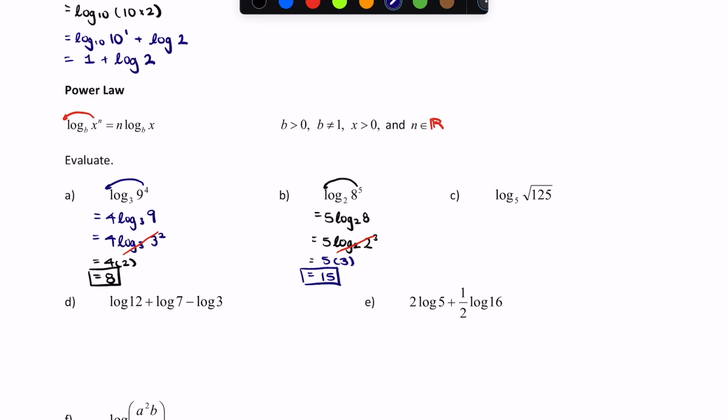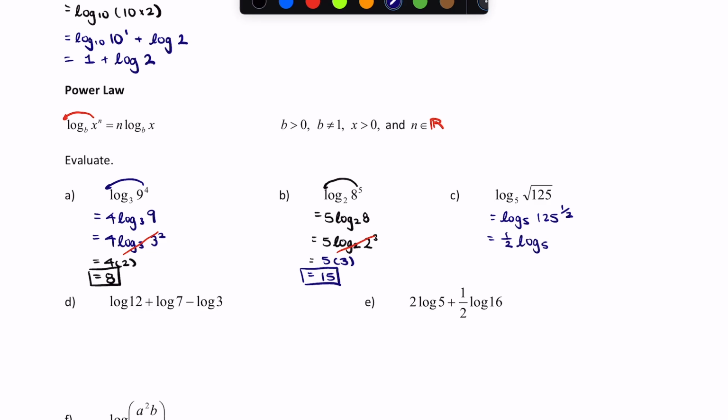Here, if we look at this, we have log base 5, square root 125. We can rewrite the square root of 125 as 125 to the power of 1/2. So log base 5 of 125 to the power 1/2. Now using the power law, we can bring down the 1/2, so 1/2 log base 5.